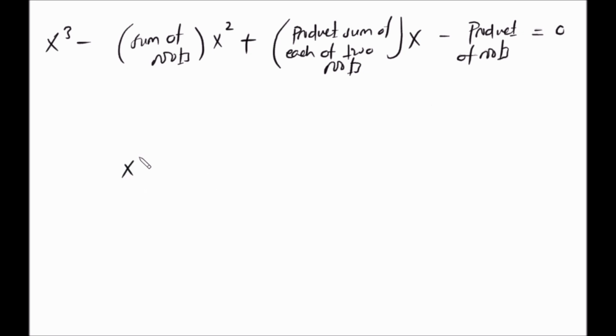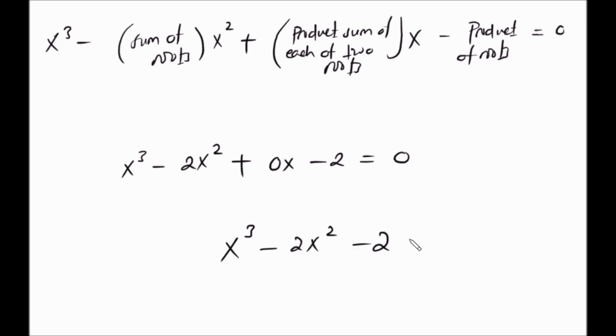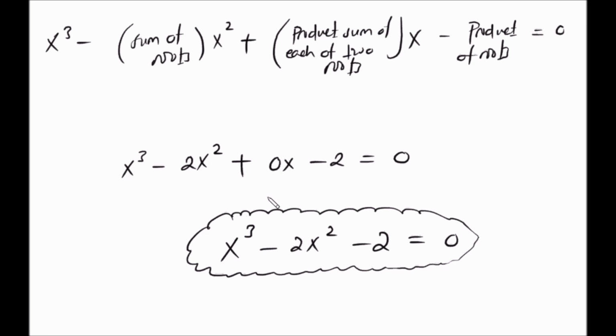So equation is going to be x cubed minus 2 x squared plus 0 x minus 2. So it's just gonna be x cubed minus 2x squared minus 2 is equal to 0. So now this is a cubic equation with roots 1 over alpha, 1 over beta, and 1 over gamma. So this is example 1.